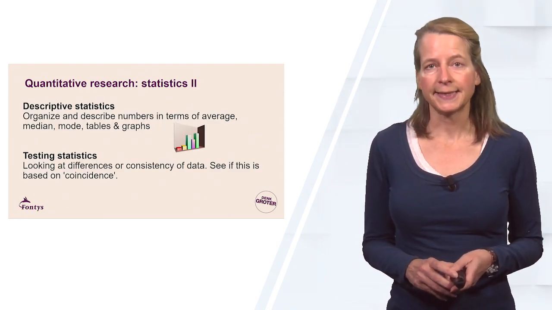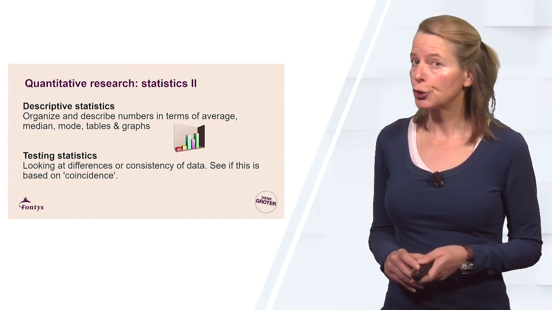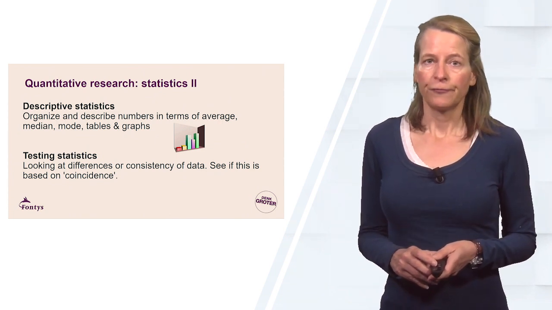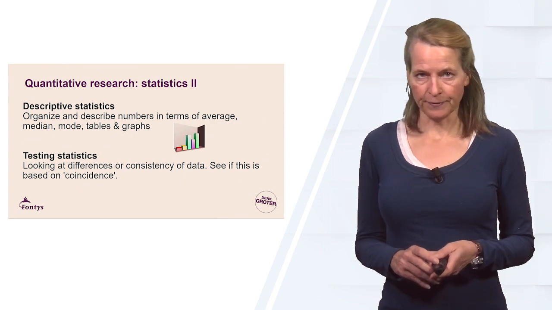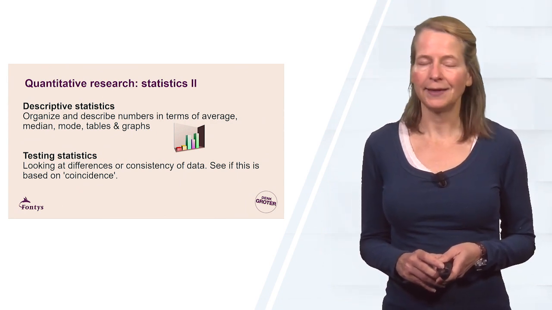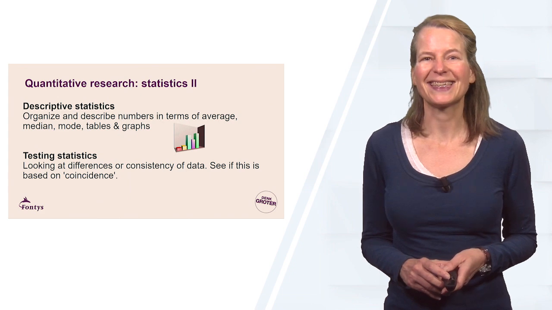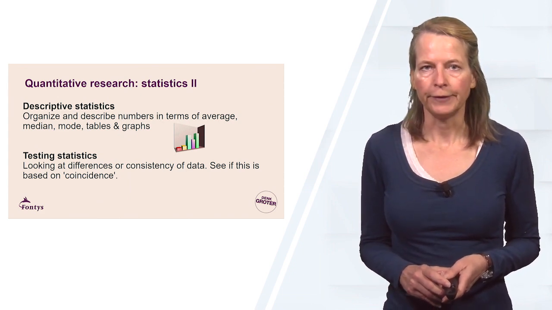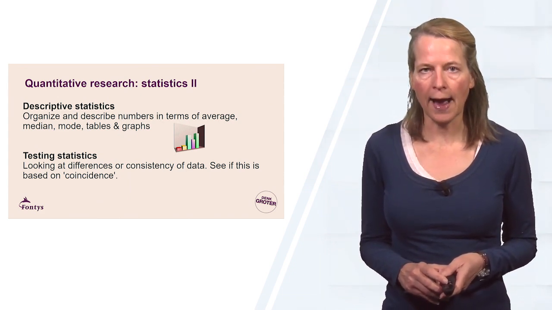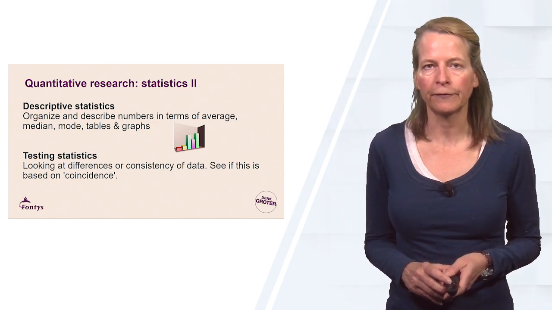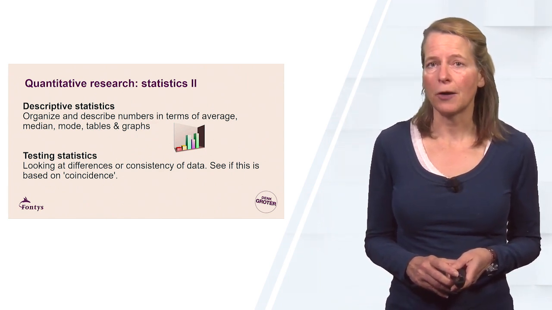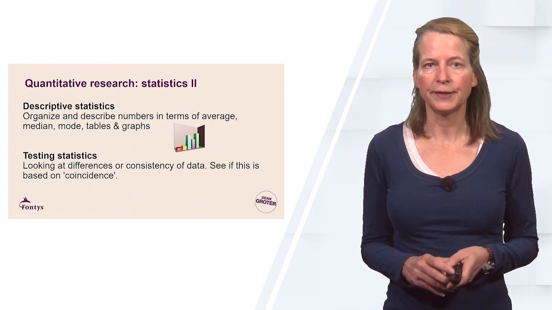Okay, statistics is split in two branches. First branch is the descriptive statistics. Well, it's a little bit in the wording because we're going to describe the data. We're going to organize, categorize, we're going to describe the numbers. Maybe we're going to say something about the average of the sample data.